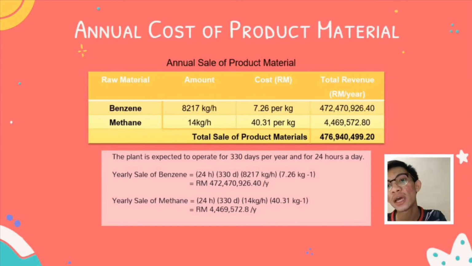The sale of both products will be multiplied by 24 hours and 330 days, because we want to get the yearly sale of every single product.